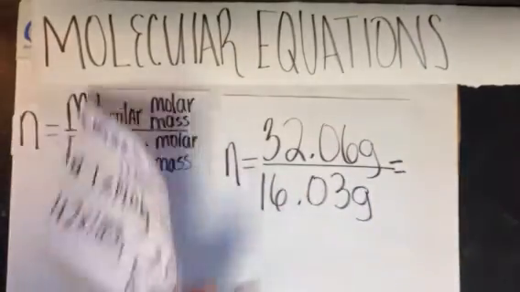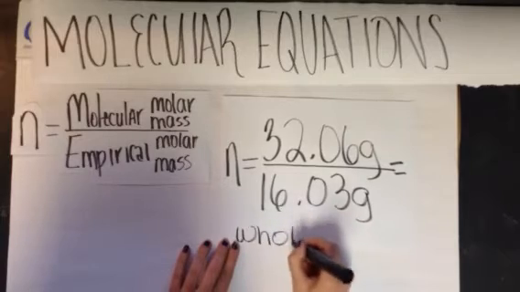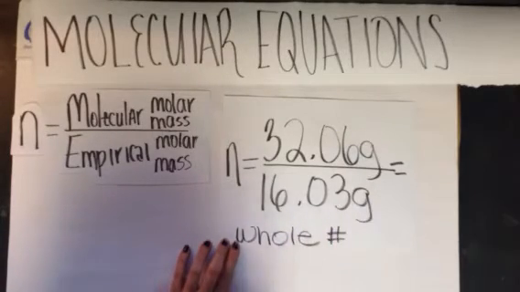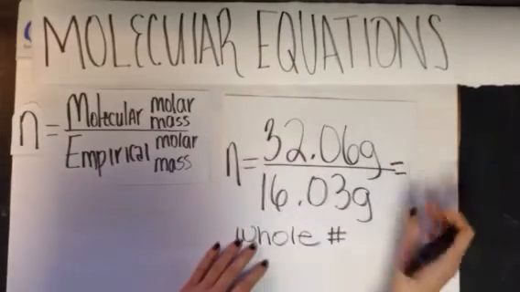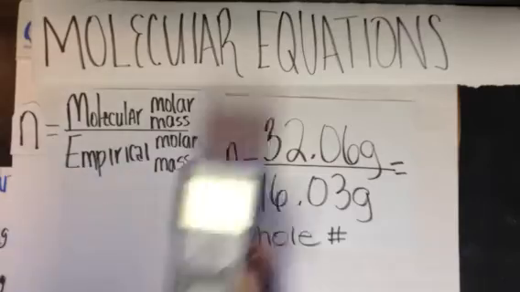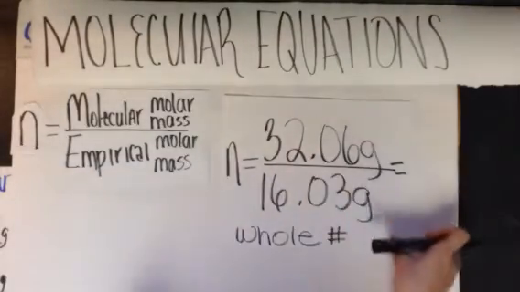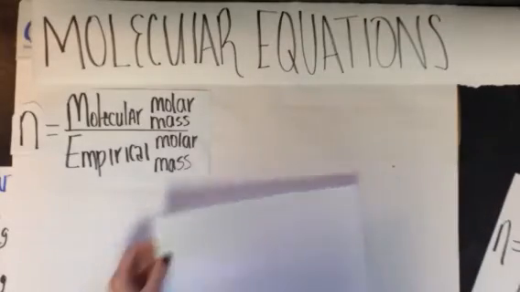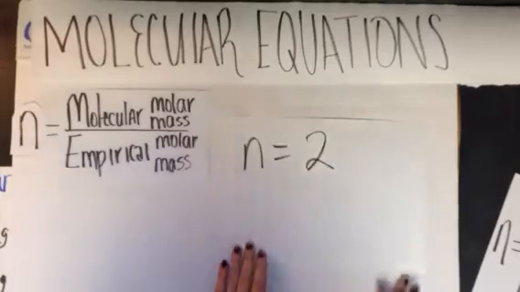When I divide these two, I want to get a whole number. So no sig figs, get a whole number. This won't be tricky. So n needs to be a whole number. Maybe you could take out your calculator and divide the two, or maybe even in your head you could figure out a whole number. Hopefully you're saying when I divide those two, n is equal to 2.